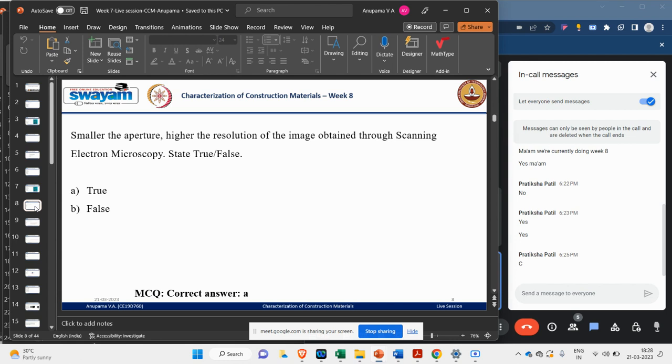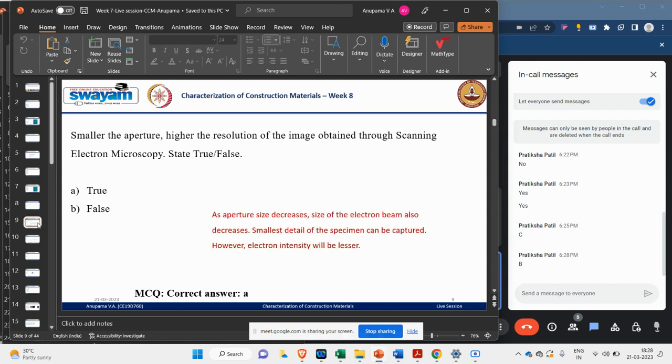Okay. The correct answer is true, because as the aperture size decreases, the size of the electron beam falling also decreases. So even the smallest detail of the specimen can be captured.